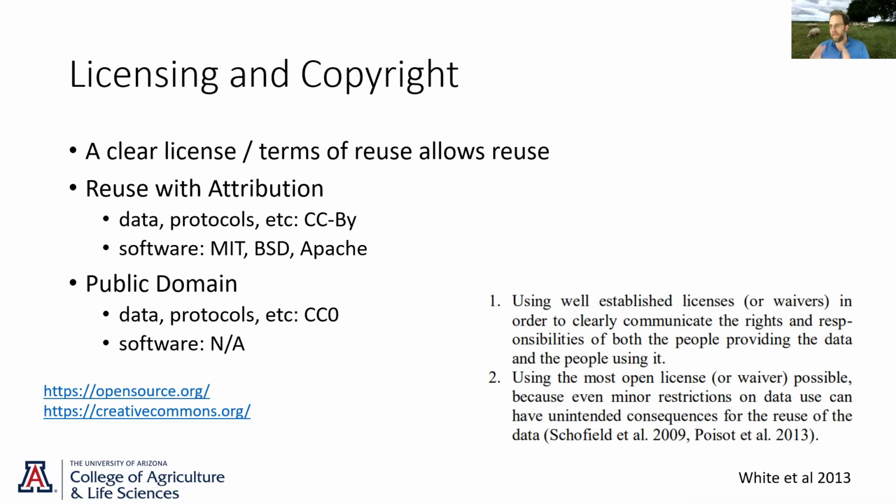However, the argument for using CC0, and Dryad has a great explanation on this, is that you shouldn't rely on the legal system to enforce scientific best practices or conventions of saying where you got your data from, referencing or citing the source of the data.